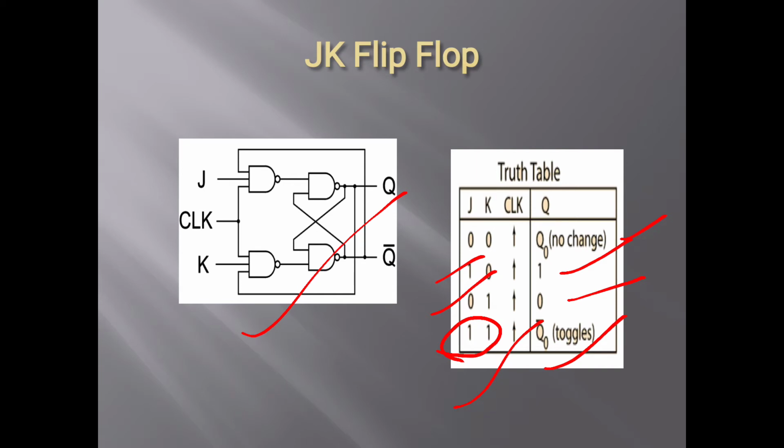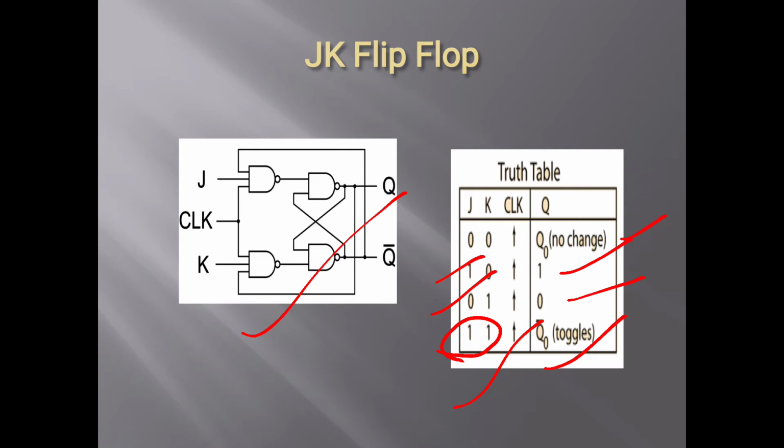But in SR flip-flop, it defined an undetermined state when S and R both have input value 1. In this JK flip-flop, we overcome the problem of the SR flip-flop.